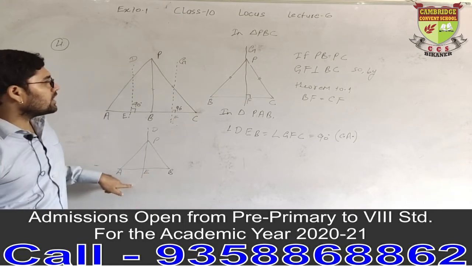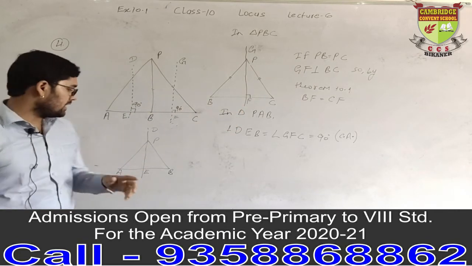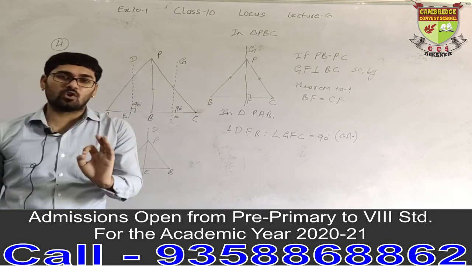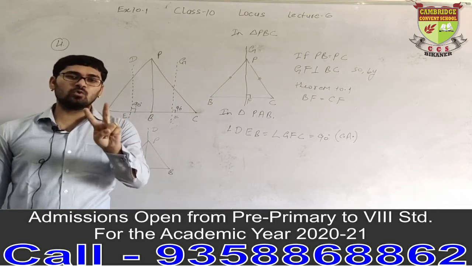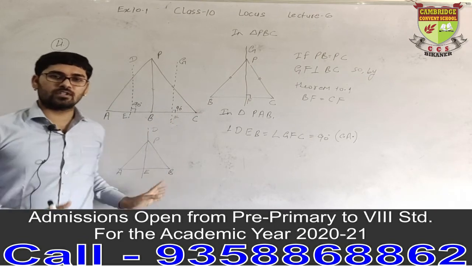If DE and GF are two different lines, how is it possible that P can be on both? That is for sure, P can never be on two different lines, right? This may be a collision between the concepts.